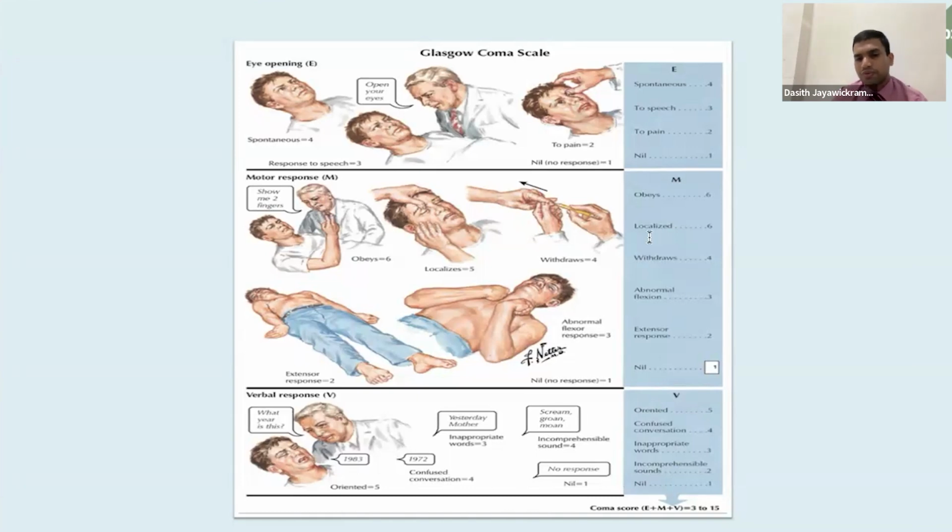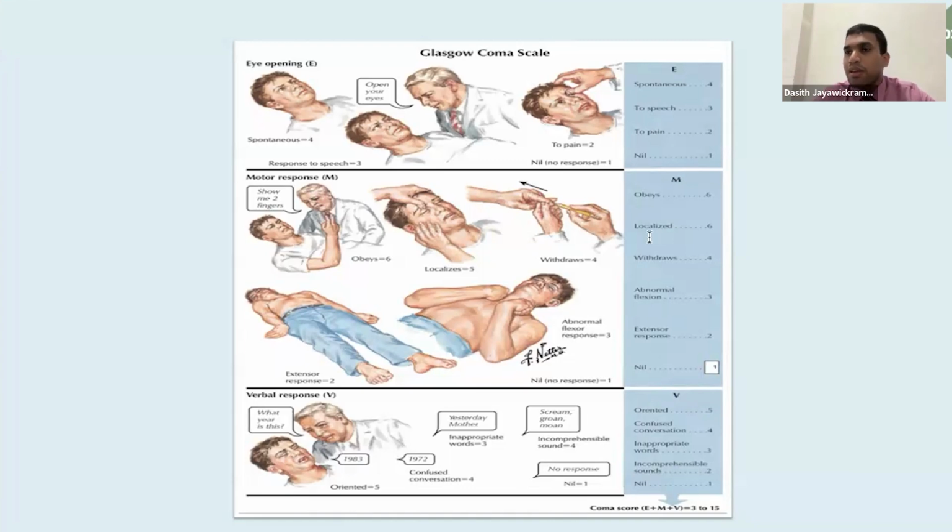That is 4 out of 5. If the patient is just saying single words, and what he says doesn't make any sense, but those are words, then the GCS verbal component is 3.